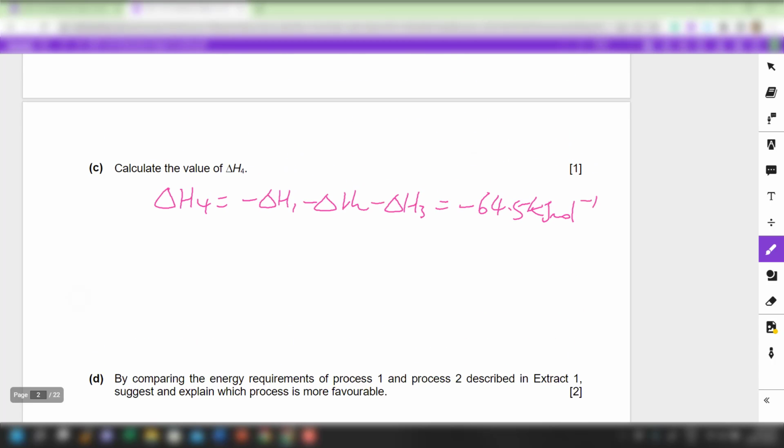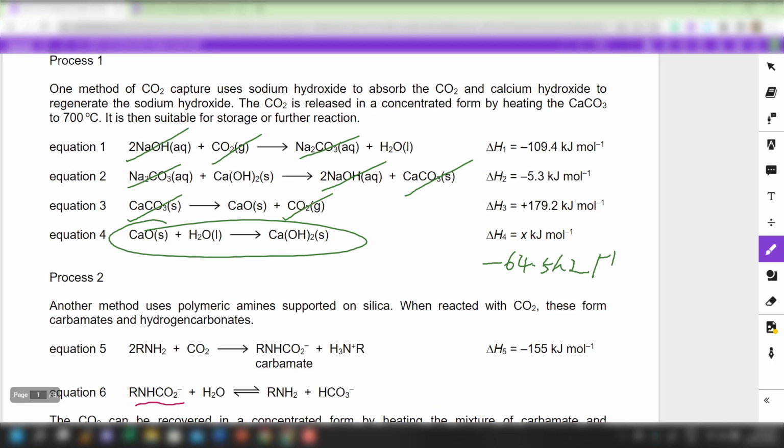So if you take a look at process 1, we are required to decompose calcium carbonate by heating it to 700 degrees Celsius. So take note of this. It's a highly endothermic process.